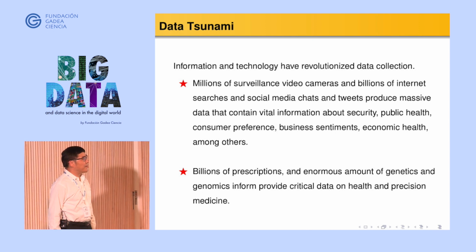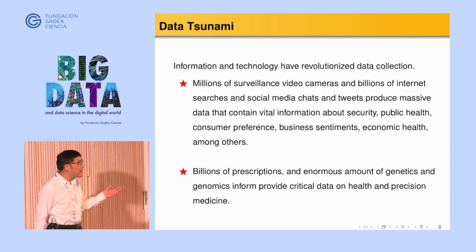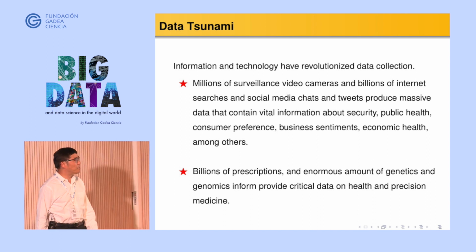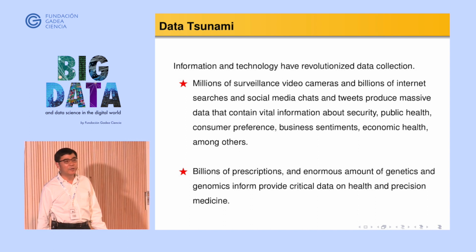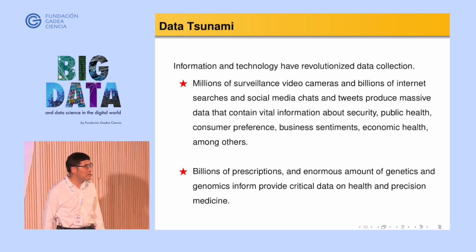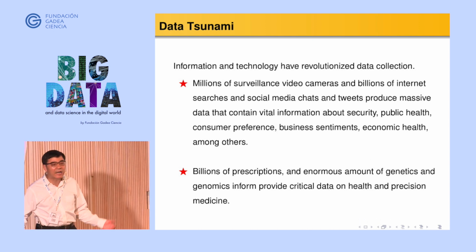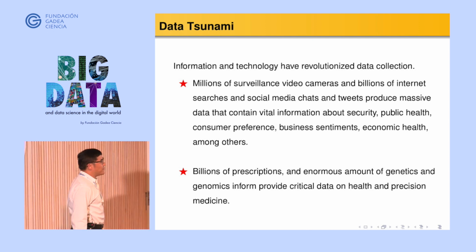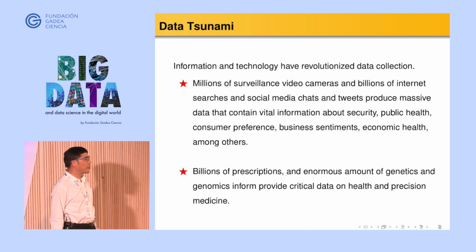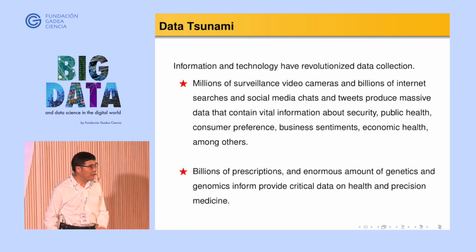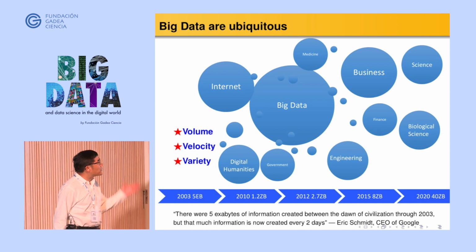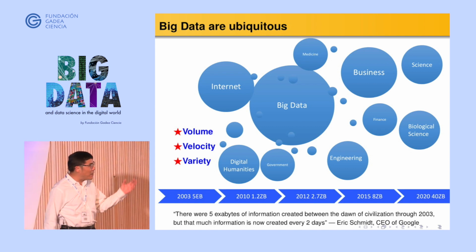Millions of surveillance video cameras and billions of internet searches, social media chats and tweets produce massive data that contain vital information about security, public health, consumer preference, business sentiments, economic health, and many others. Similarly, billions of prescriptions and an enormous amount of genetic and genomic information provide critical data on health and precision medicine.